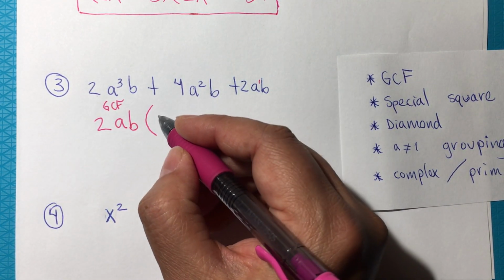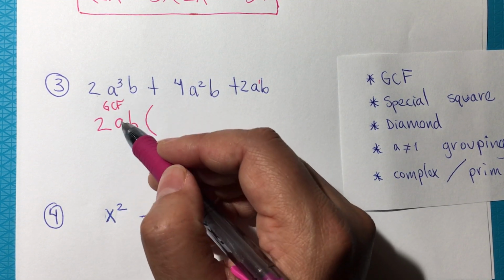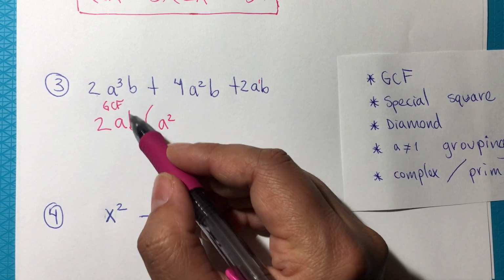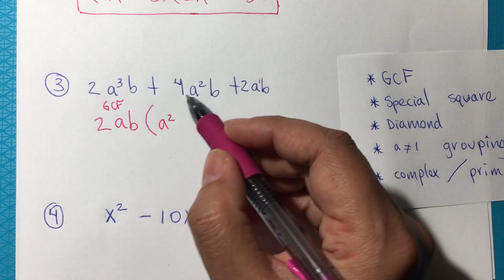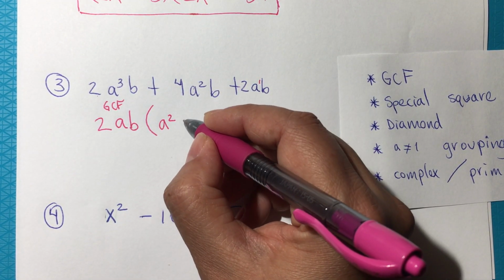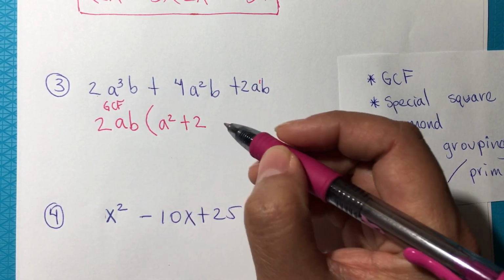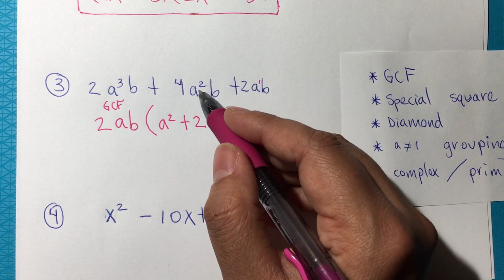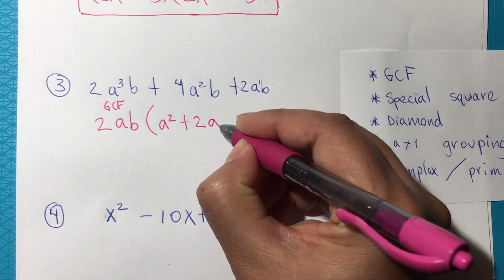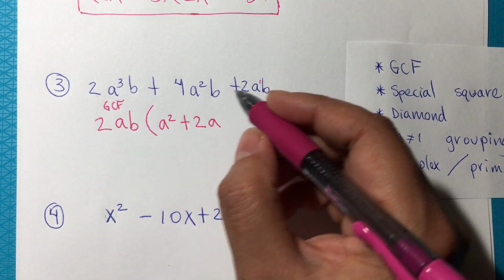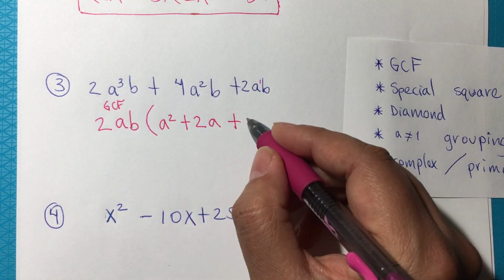2 divided by 2 is 1. We don't need to put it. A cubed divided by A is A squared. Then B divided by B cancels. 4 divided by 2 is 2. And since both are positive, you just put the plus in the middle. A squared divided by A is A. B divided by B cancels. It's 1. Positive divided by positive is positive. 2 divided by 2 is 1.